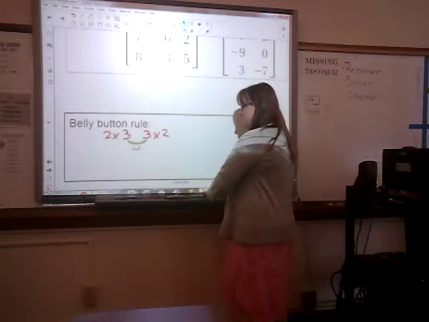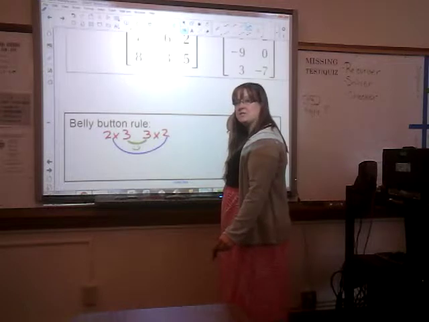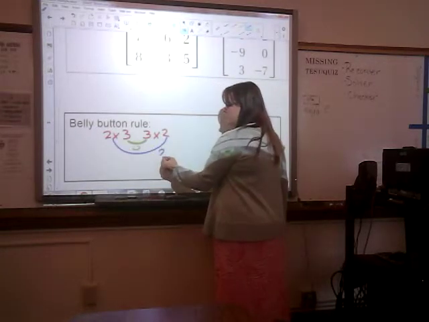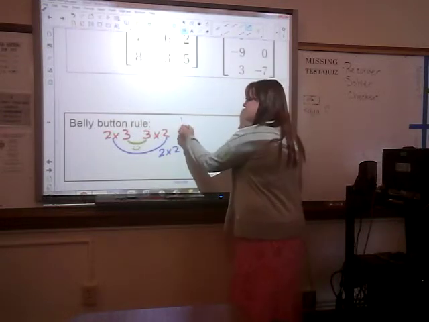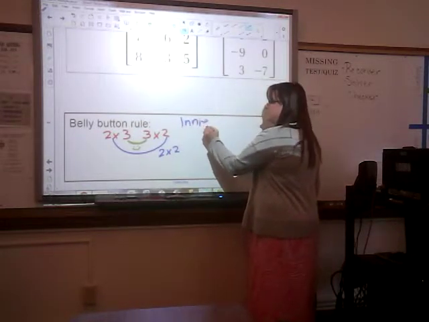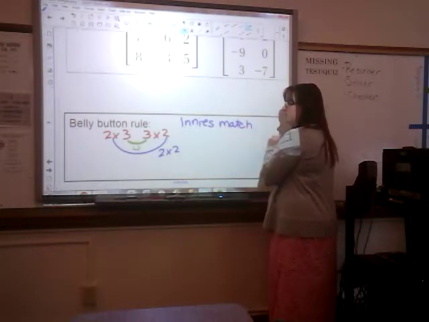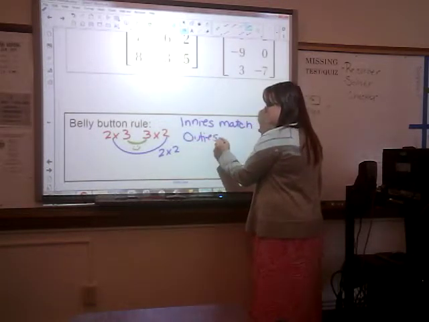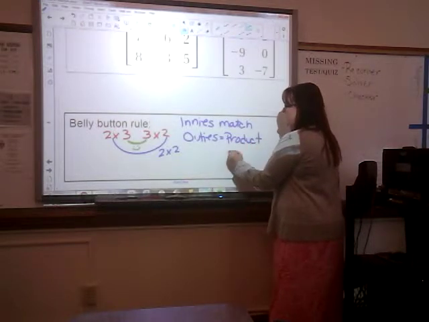And our outies tell us what the product matrix is going to look like. So it tells us that our new matrix is going to be a 2 by 2. So the innies have to match, and our outies tell us what the product matrix dimensions are.